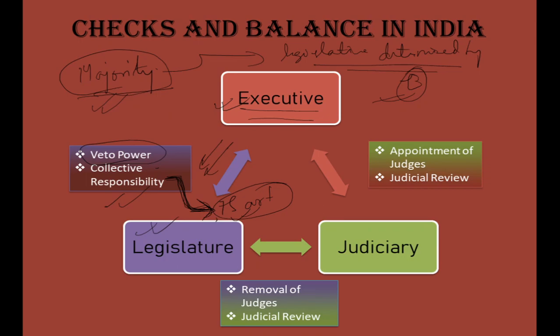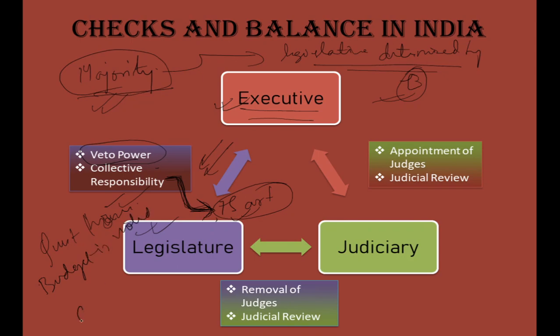So if Lok Sabha passes a no confidence motion, the executive resigns. So the moment the executive loses majority, they have to resign. So this is the control that the legislature has on executive. Further, through tools like question hour, the members can ask questions to the ministers. Then the budget is voted.